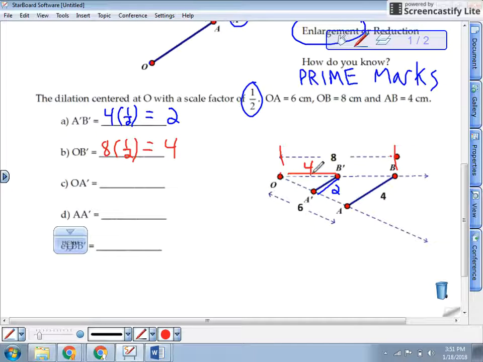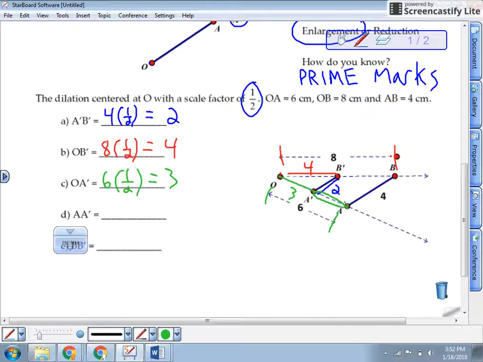O to A prime, same idea. We know that from our original is 6, so we need to take that 6 times 1/2. That gives us 3. Now these other problems are again understanding the graph. Make sure you're answering what they're asking for. They want to know what A to A prime is. That is this distance right here.